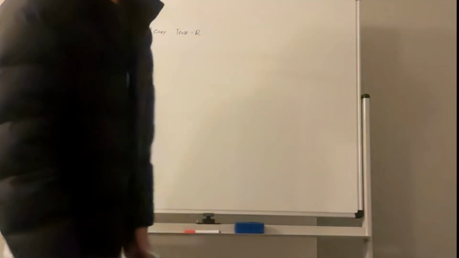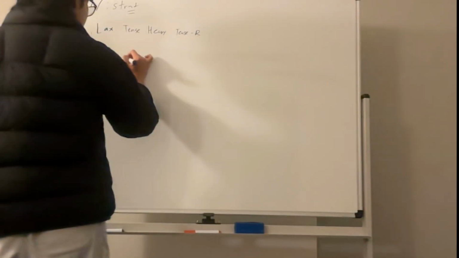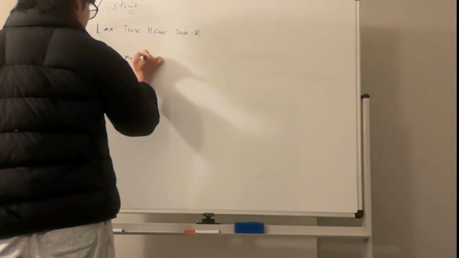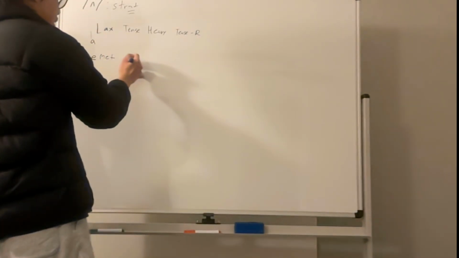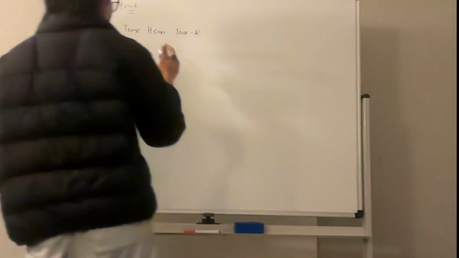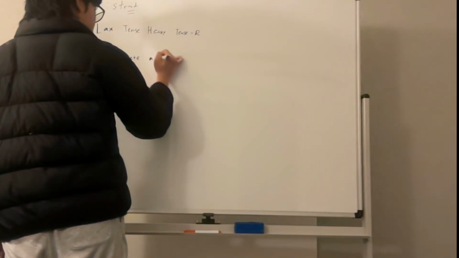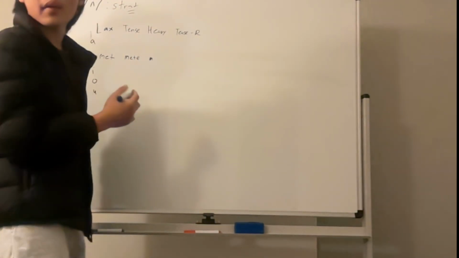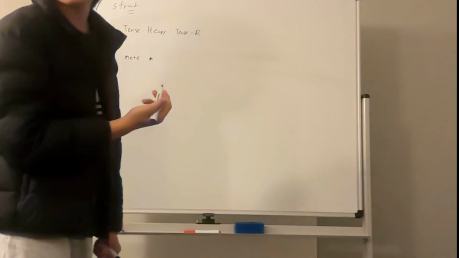Tense vowels are followed with a silent E. Meat. As you can see, this E transforms this first E. Heavy vowels are followed by an R. For example, merit.